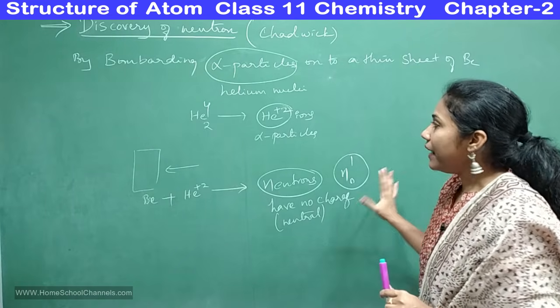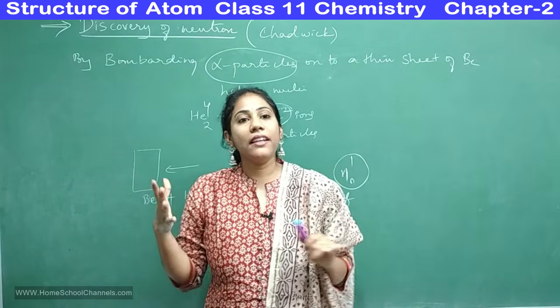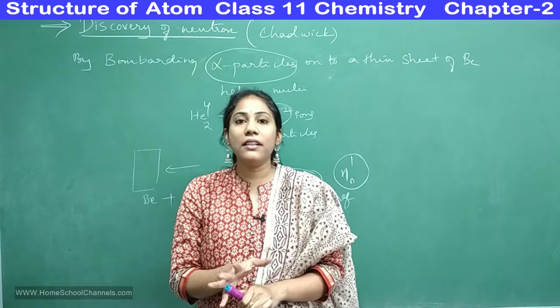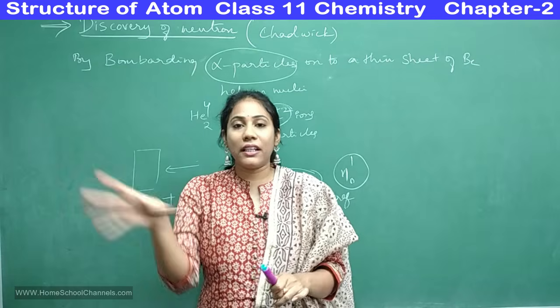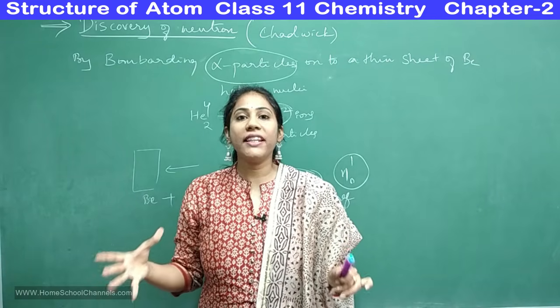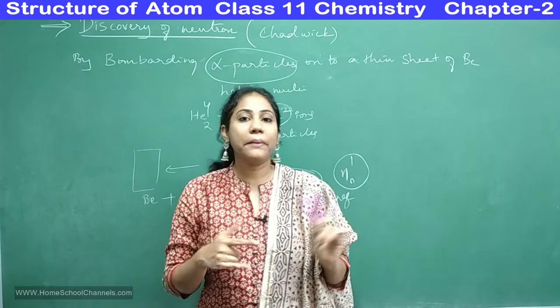Fine. And now let me give a table of information where I will mention the charge and mass of these subatomic particles in different units. That information is really very important, so try to understand this table that I am giving you now.